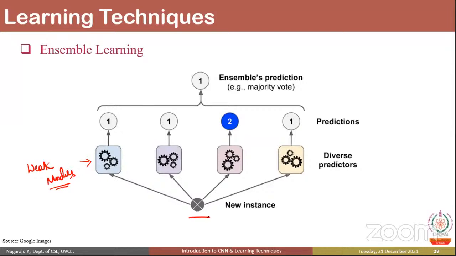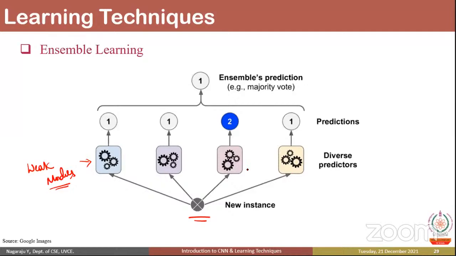We have some input, and we give this input to these weak models. All these models exploit the input, extract the features and understand what the image or the input is.